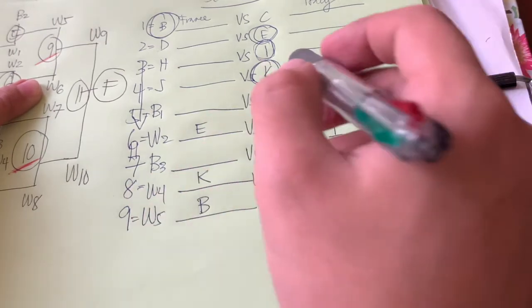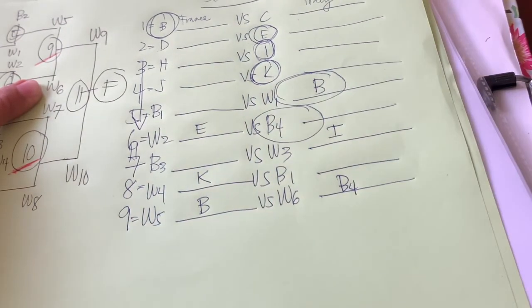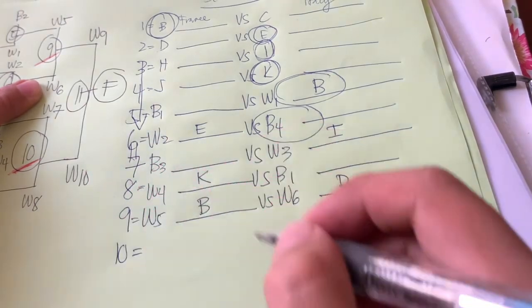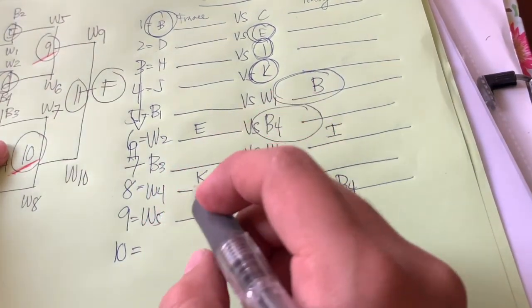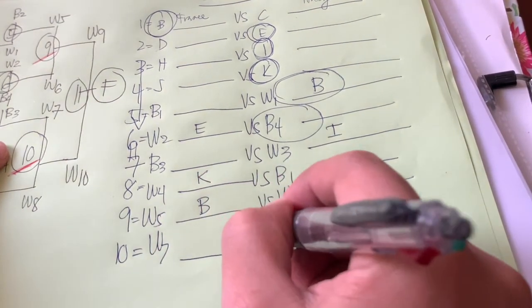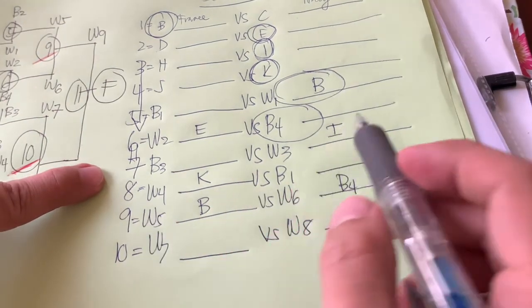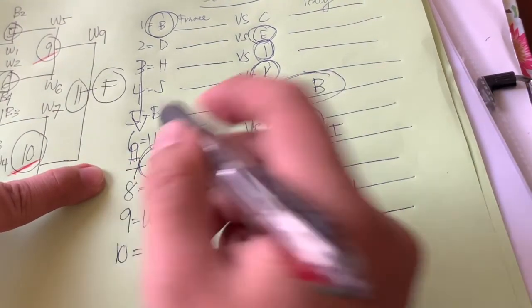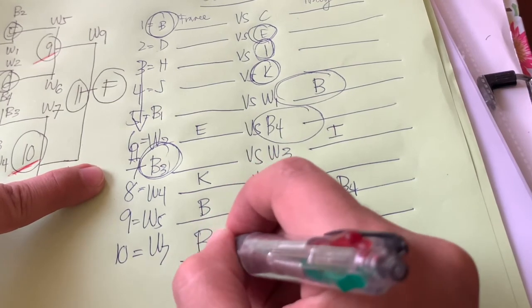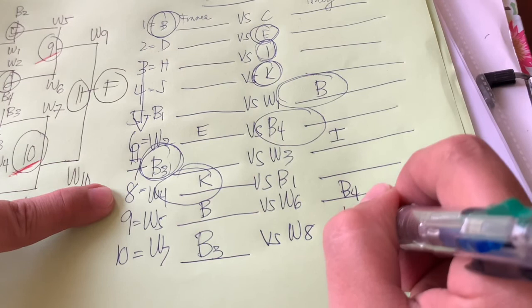Winner 6, I'll put bye 4. So B4. Game 10 is between winner 7 versus winner 8. In winner 7, if I have bye number 3 win here, I'll put bye 3. And in winner 8, if I put K here, K.